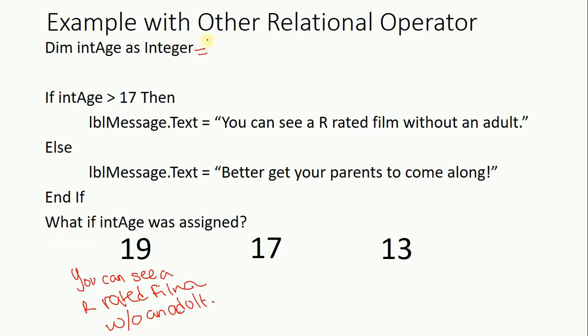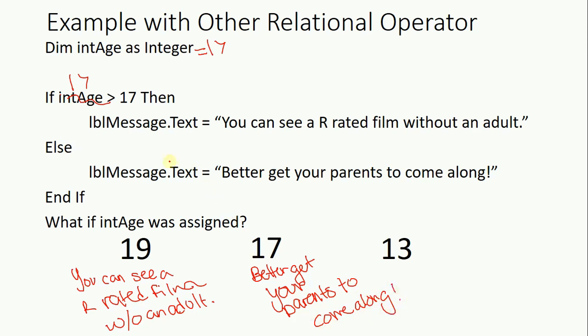So if int age is 17, it's going to say, is 17 greater than 17? No, right? 17 is not greater than 17. This would have been greater than or equal to for this to run. So in this case, 17 is going to say, better get your parents to come along.